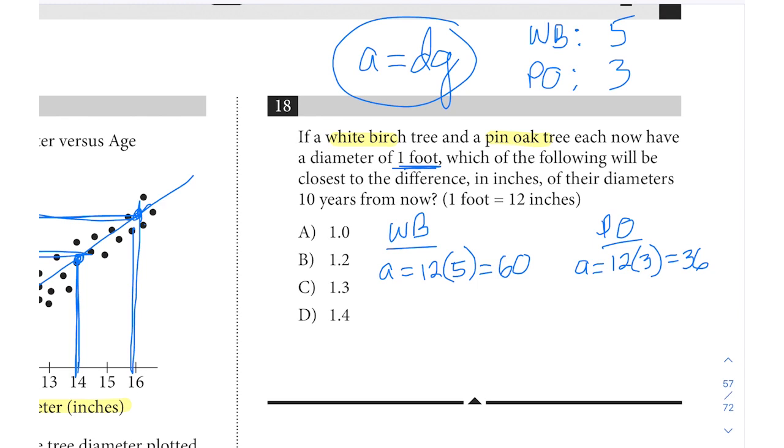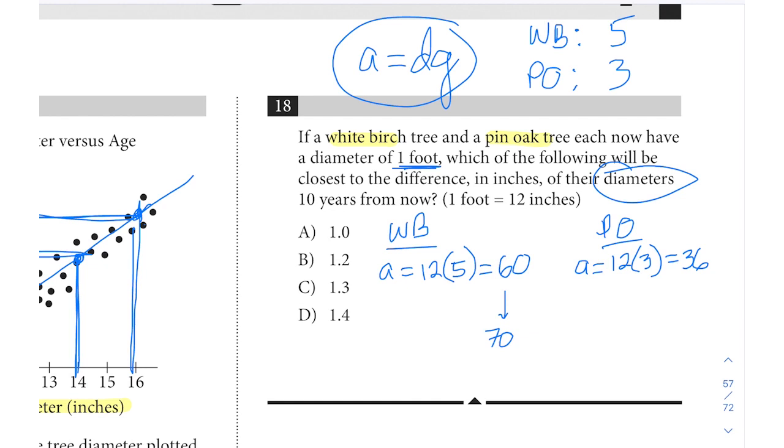So what's going to change across those 10 years? Well, the age is going to change. And then what are they asking for? They want the difference in their diameters. So we're trying to solve for the diameters here. And we're going to use our existing calculation for age. 10 years from now, that age is going to be 70.